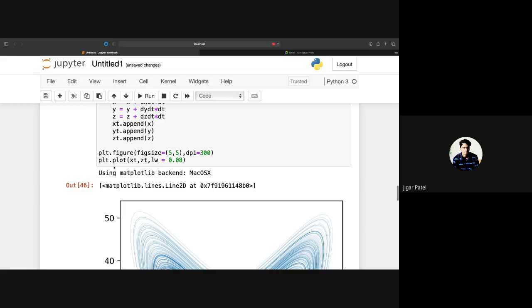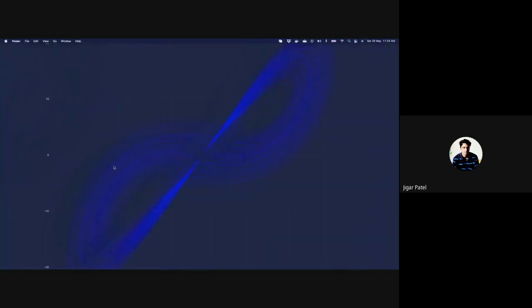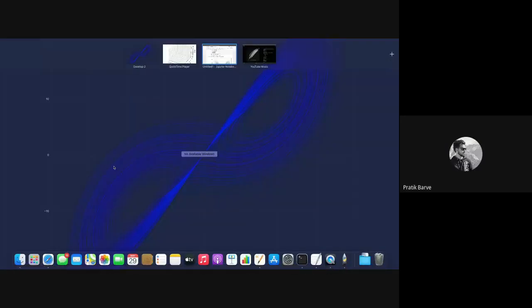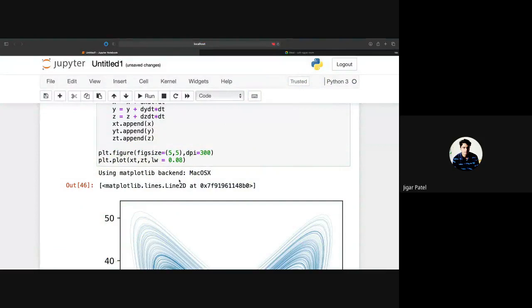Okay, where did it appear? Try restarting the kernel.